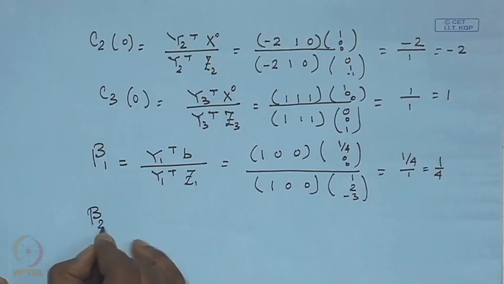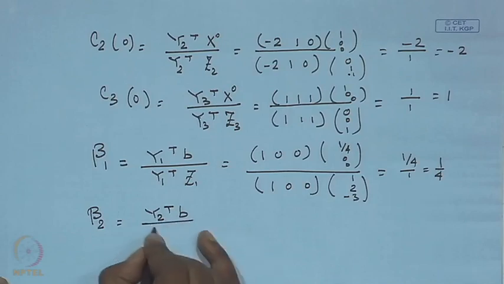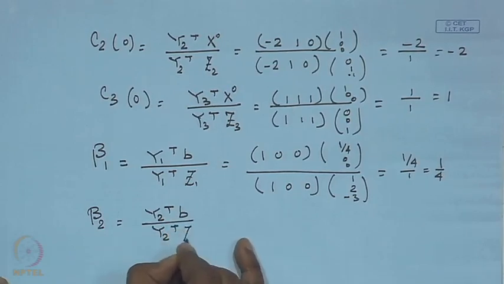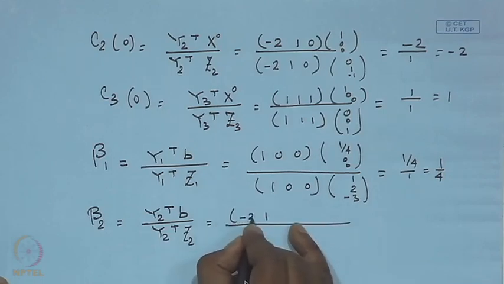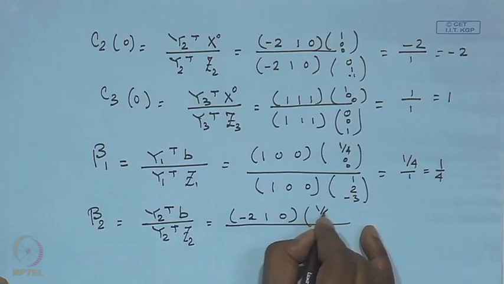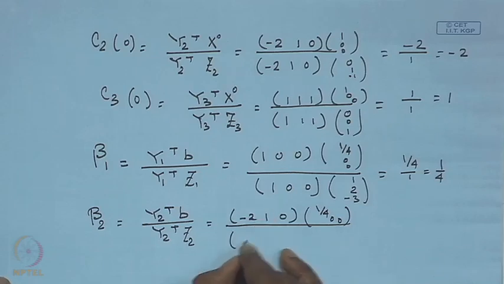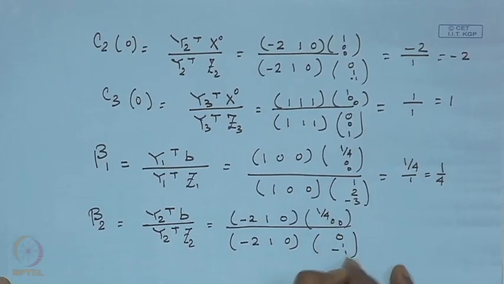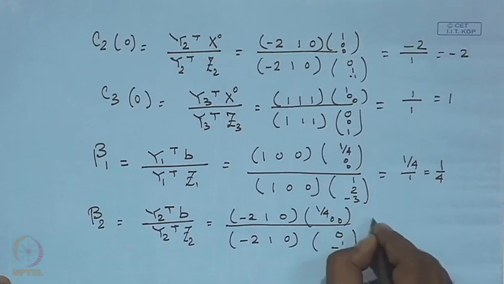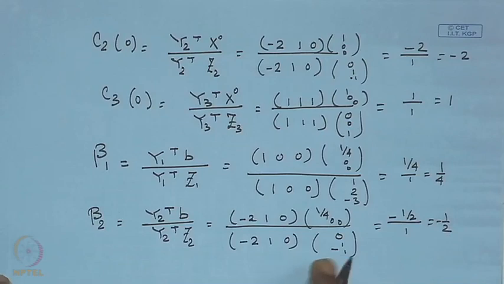Similarly, one can get beta_2 as y_2 transpose b divided by y_2 transpose z_2. This becomes [-2, 1, 0] times [1/4, 0, 0] divided by [-2, 1, 0] times z_2, which is [0, 1, -1], the second eigenvector. This will be equal to minus half divided by 1, so it will be -1/2.